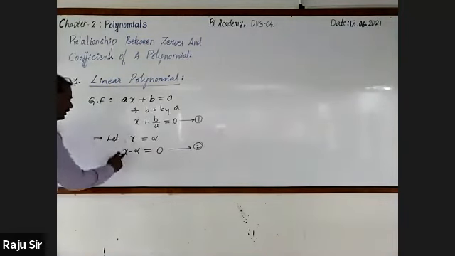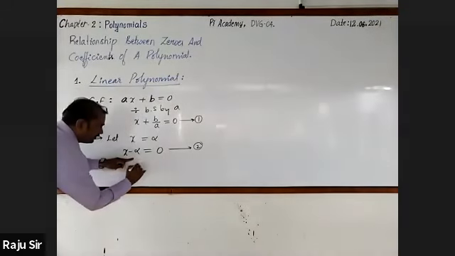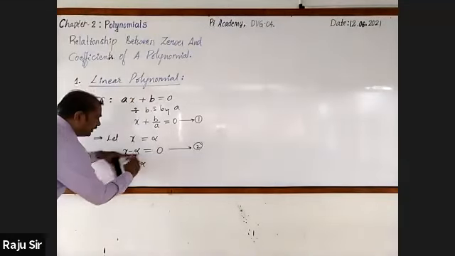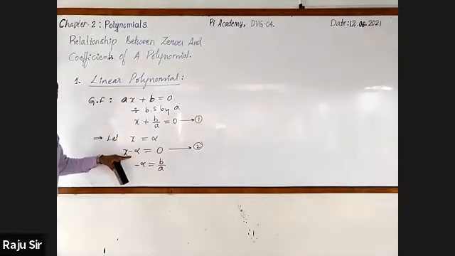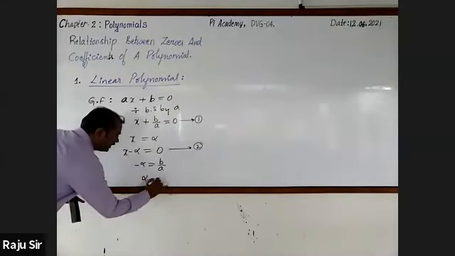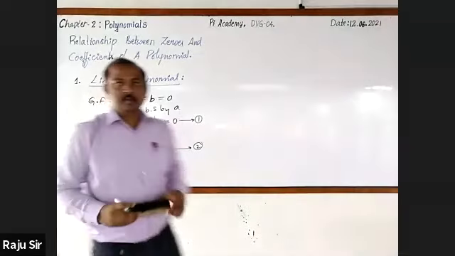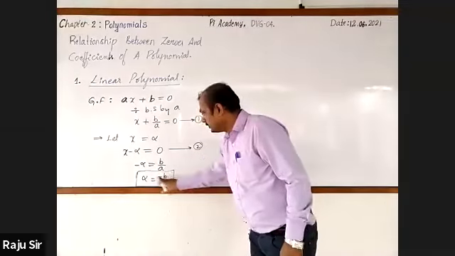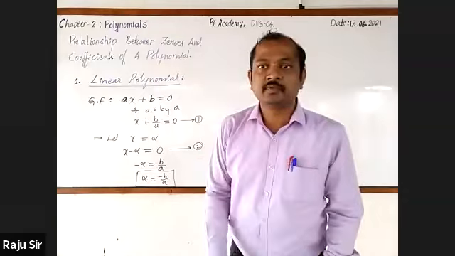Observe. Compare both the equations. On comparing 1 and 2, you can write minus alpha is equal to b by a. Then alpha is equal to minus b by a. So this is the relationship between zero and coefficients. Did you understand?